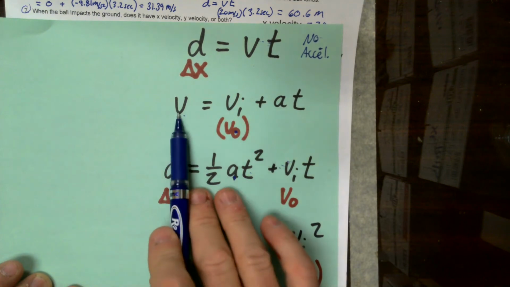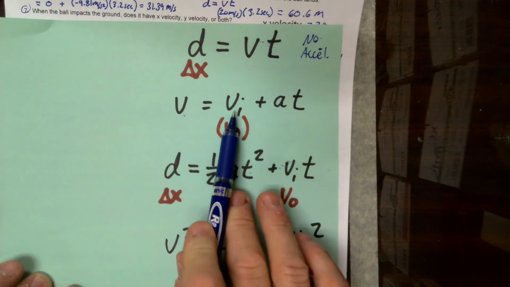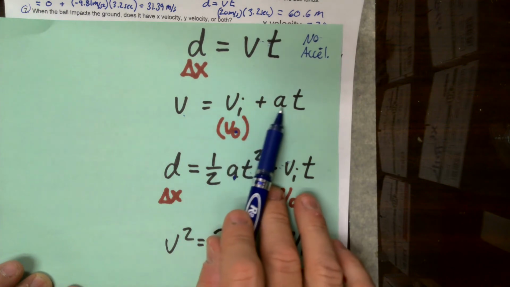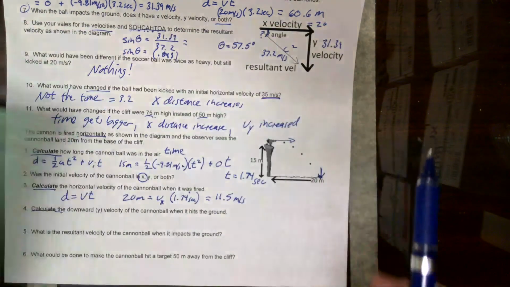Okay. To find the velocity in y, take the initial y velocity, which was nice because we knew it was 0. The acceleration in the y is 9.81, and we now know it was falling for 1.74 seconds. This works.